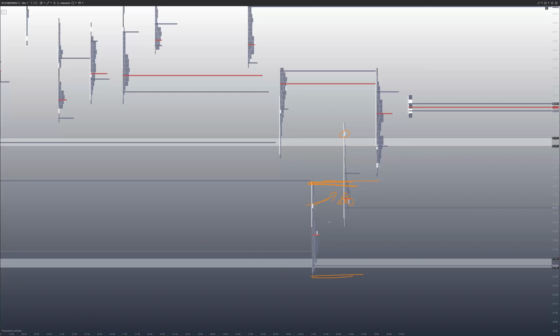That's why I merged these together. And if I merge these two profiles, it looks like that.